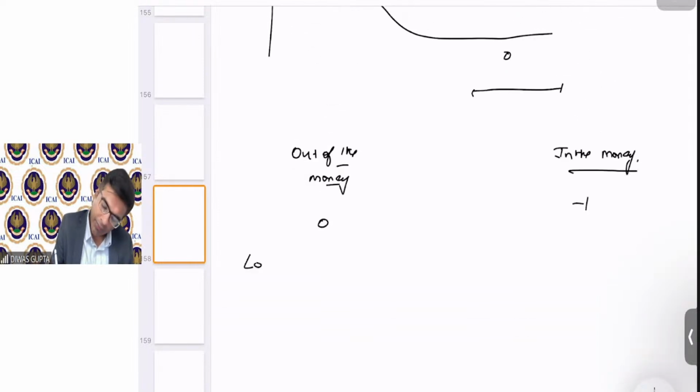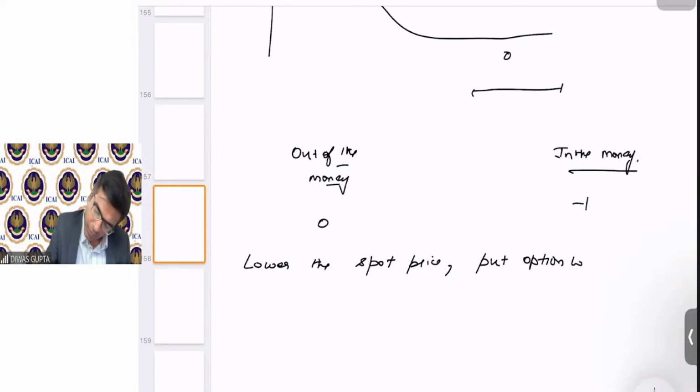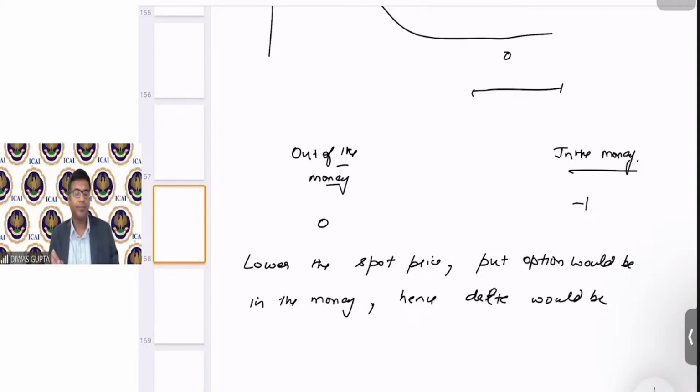So, lower the spot price, put option would be in the money, hence delta would be -1.